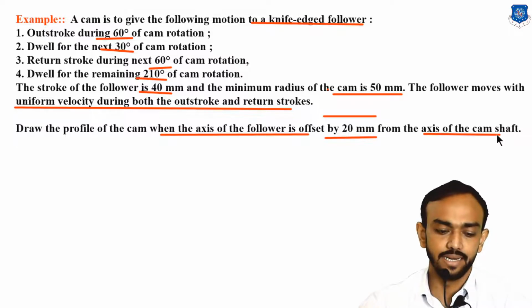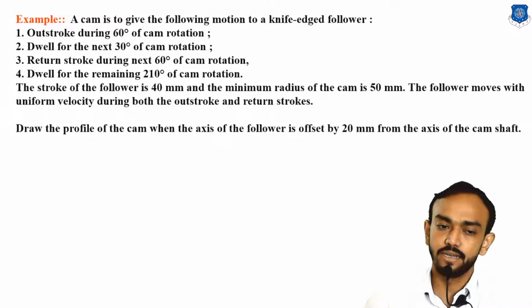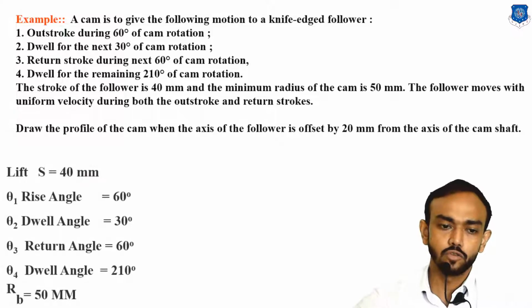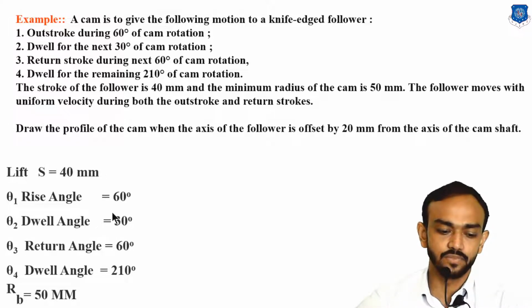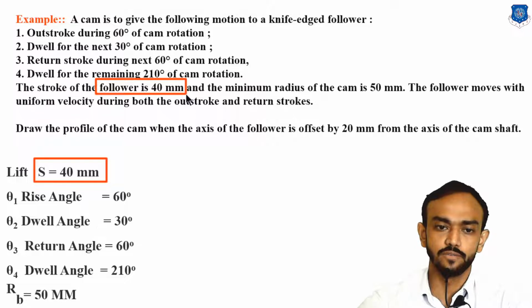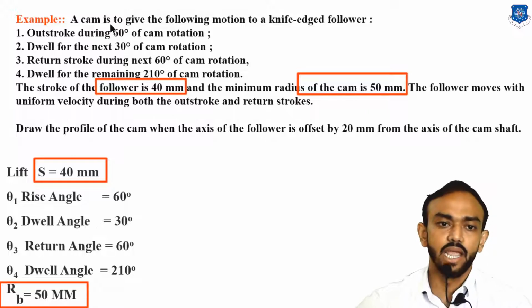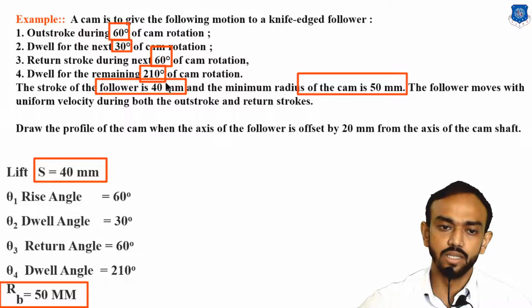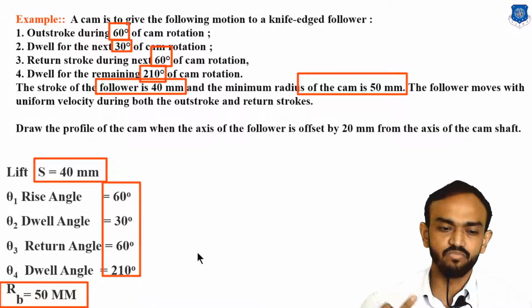Okay, let's start. First of all, write down the given data. You can check the given data here. Lift, or stroke, is 40, and the minimum radius, the base radius, is 50. All the angles, 60, 30, 60 and 210, will be considered as angles theta 1, 2, 3 and 4.